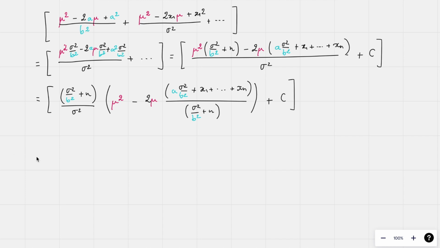As we're going to see now, this I can re-express as sigma squared divided by b squared, nothing changes here, plus n, divided by sigma squared. And this term here can be expressed as mu minus that term that is here.